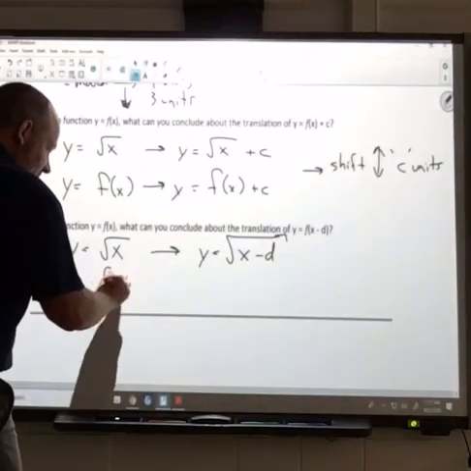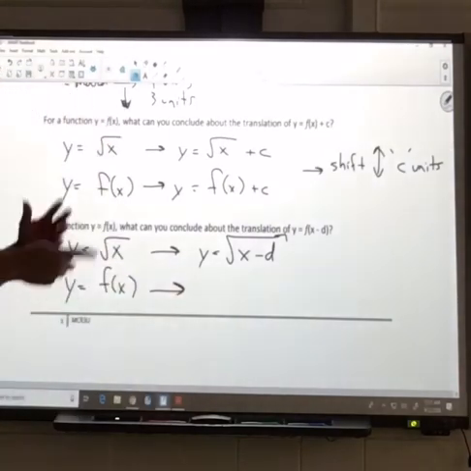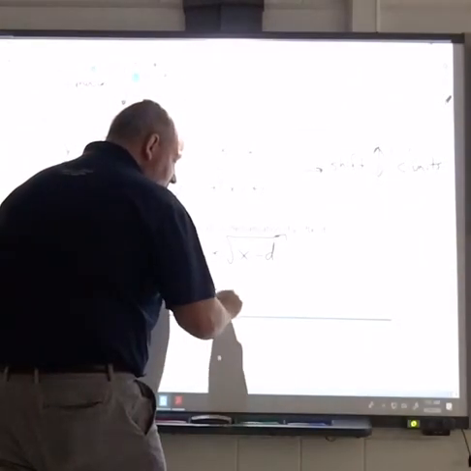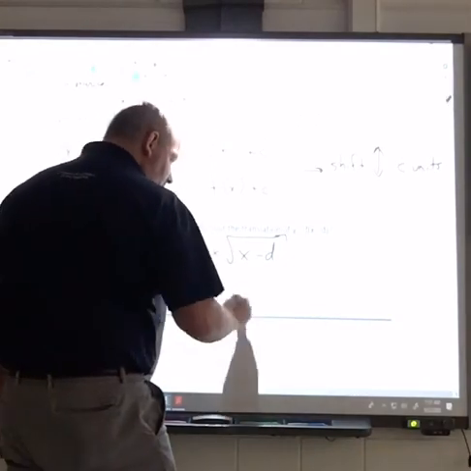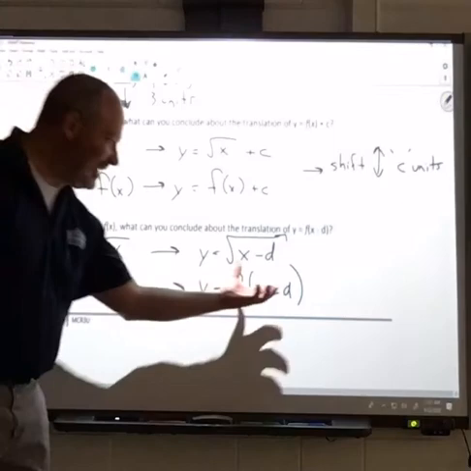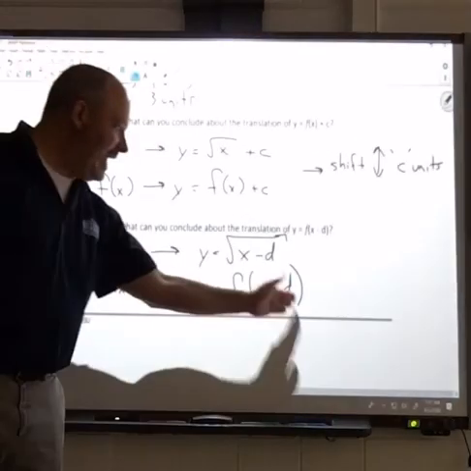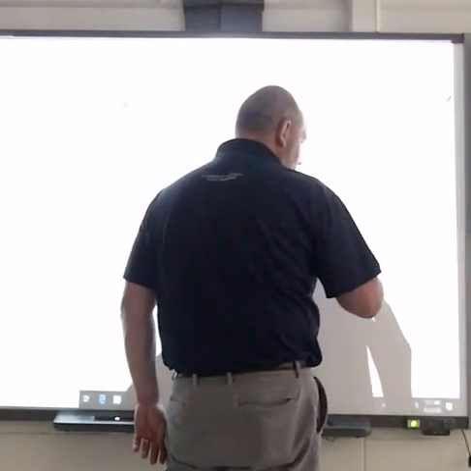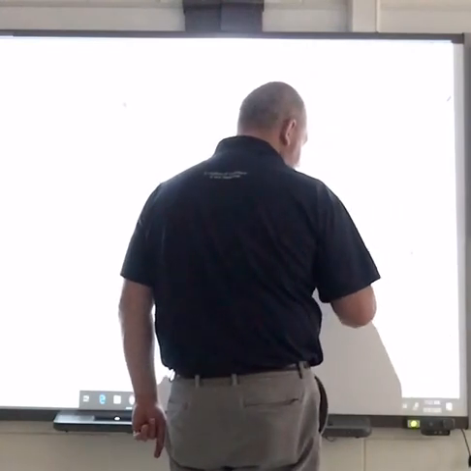Or, if this is my generic function, which means it works this way for any function, whether it's a parabola or a root function or whatever, y is equal to f of x minus d. So you notice that it's inside the bracket. It's in the function. Okay, and it's added or subtracted. Okay, in this case, it shifts left or right d units.